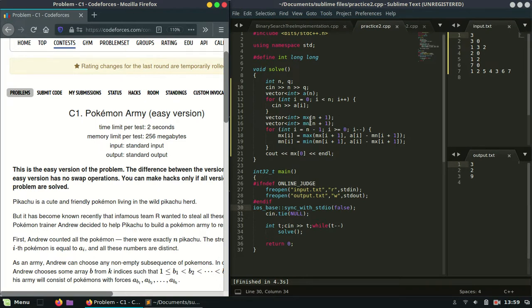The name of the first one is mx, max, and the second one will store the minimum element. And we have run a loop backward from i equals n minus 1 to 0, decrementing i each time.